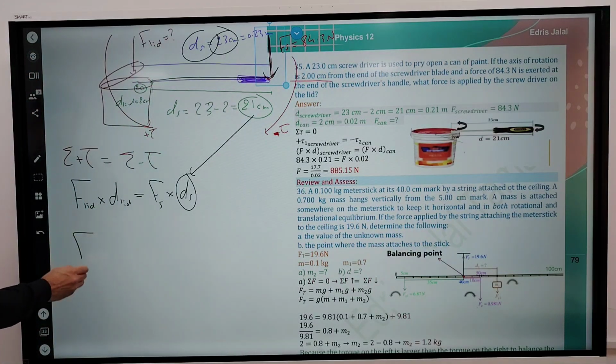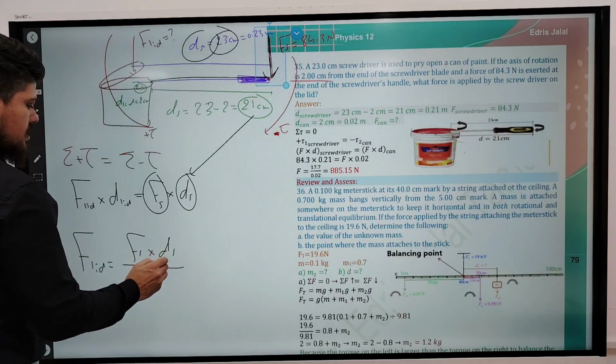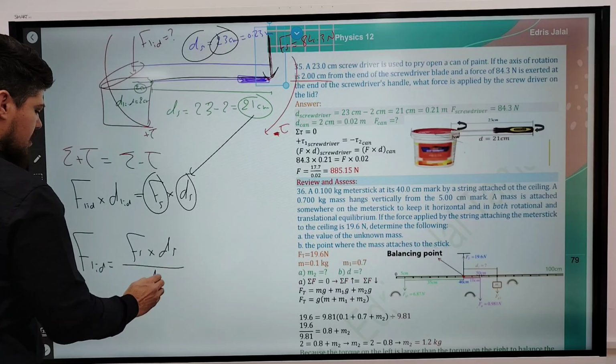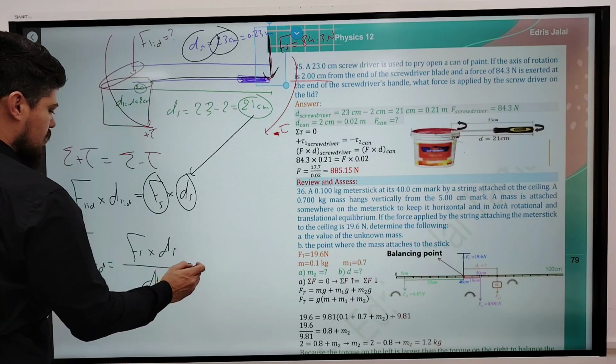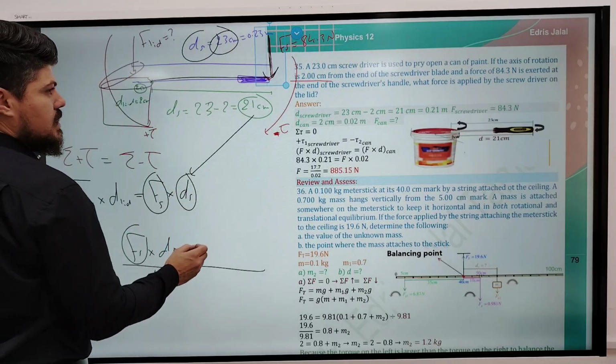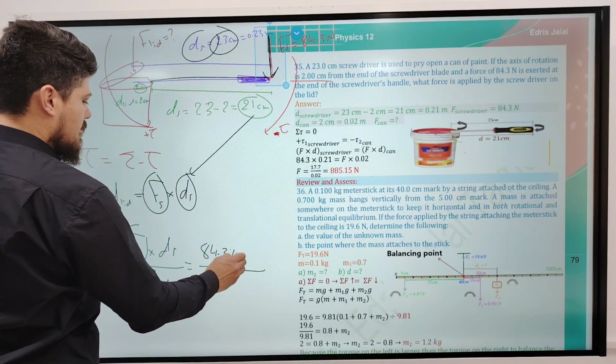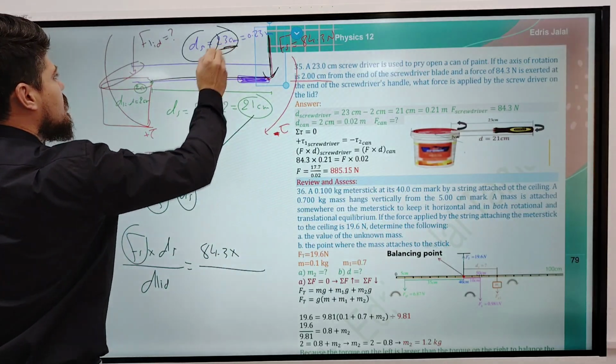Now, we can rearrange the equation. The force of the screwdriver goes to the numerator with its distance, and the distance of the lid goes to the denominator. So, the force of the screwdriver, 84.3, times the distance, don't write 23 please.